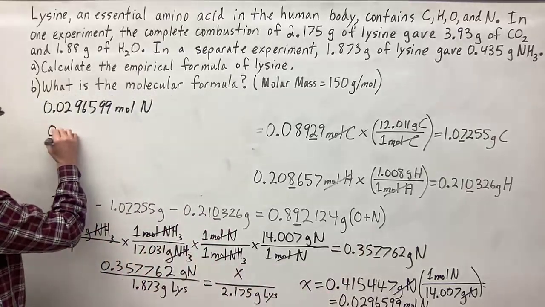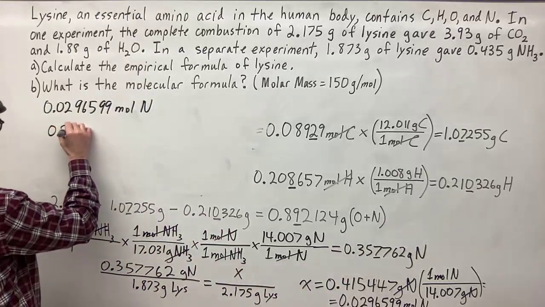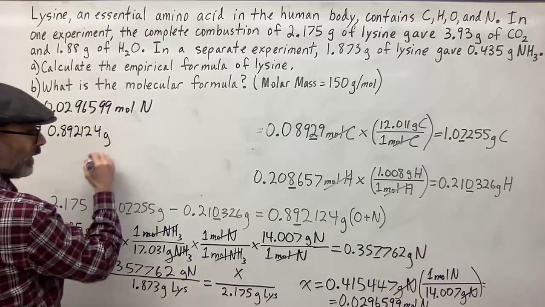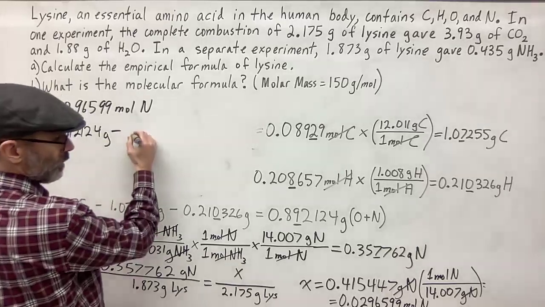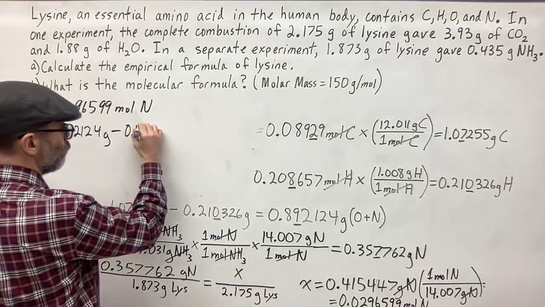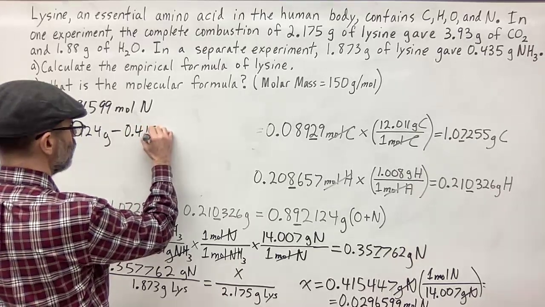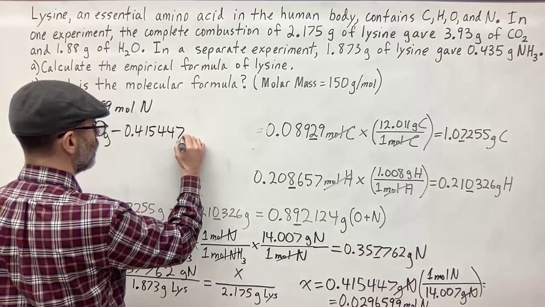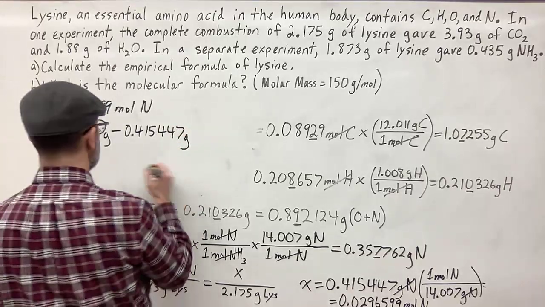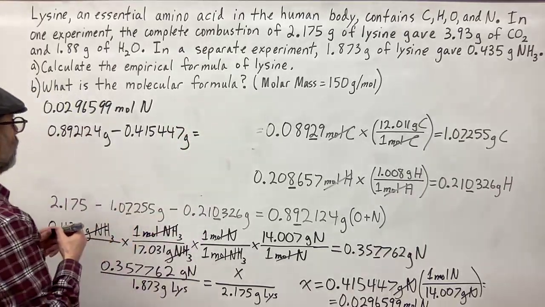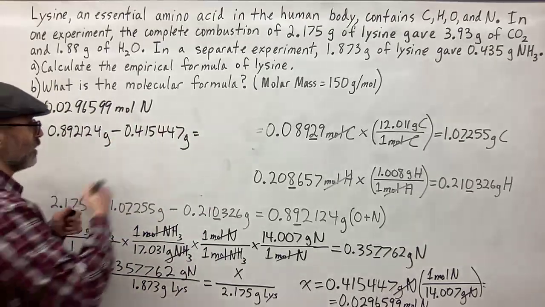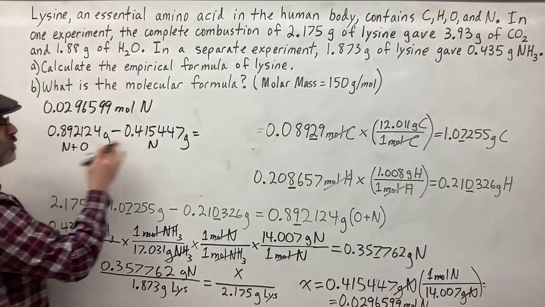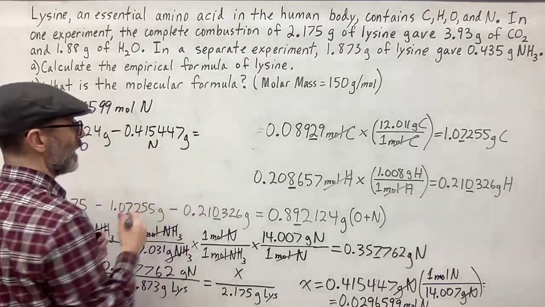So I take 0.892124 grams, and I'm going to subtract out the 0.415447 grams. Again, this is nitrogen plus oxygen. So when I subtract this out, I'll have just the oxygen.